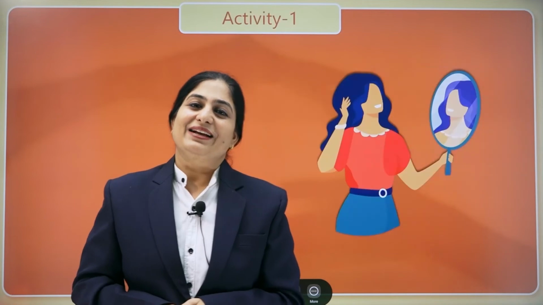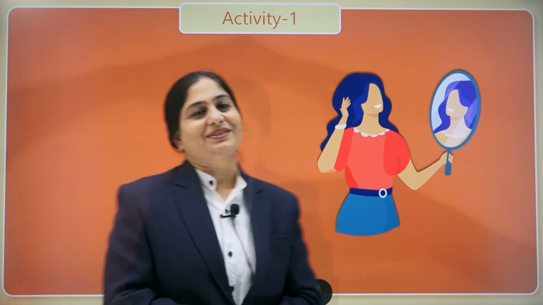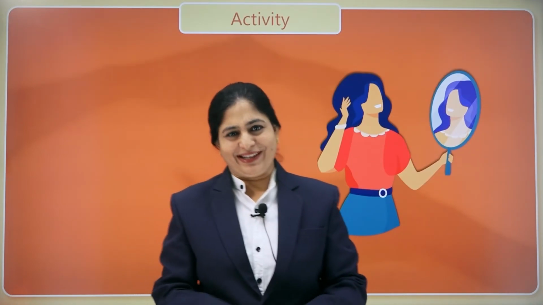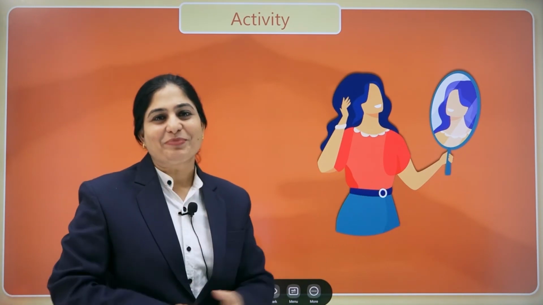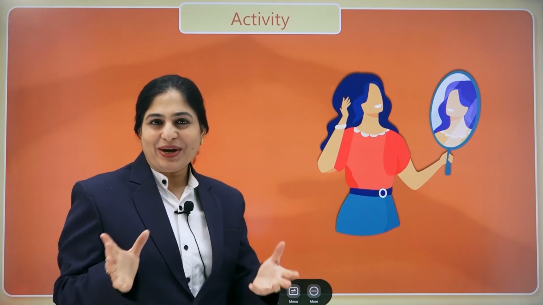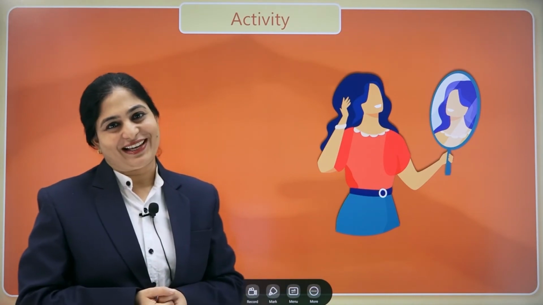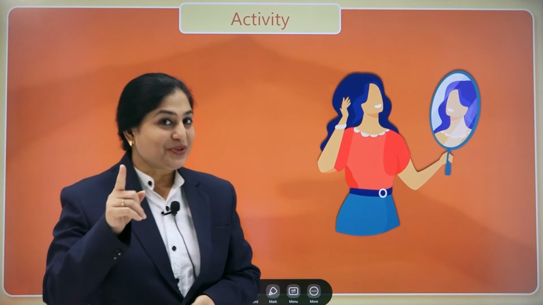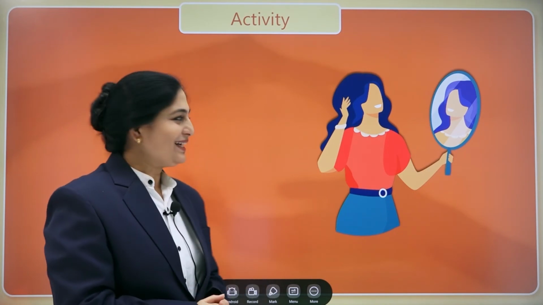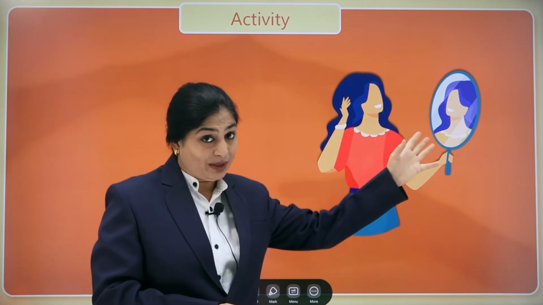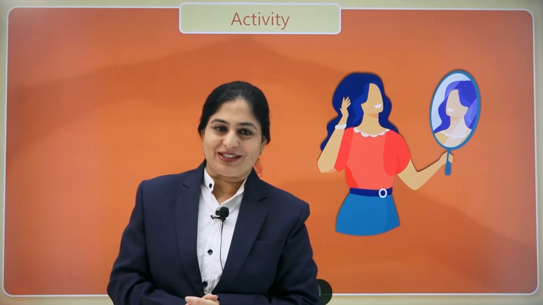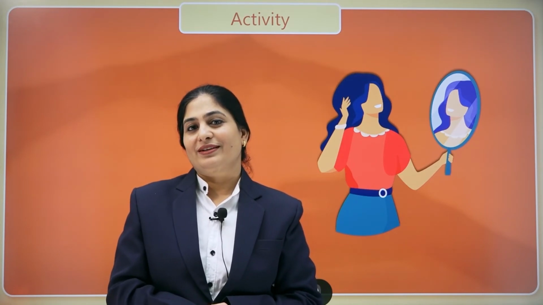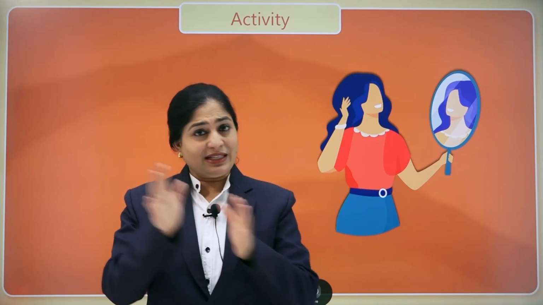Let us see what is next in this chapter. Let us do an activity, and this is very interesting. You all do it every day in the morning. You look into the mirror, and what do you see? Your beautiful, smiling face. When you look into a mirror, you can see your image. If I ask what type of object it is, transparent, translucent or opaque? Transparent means we can see the other side.